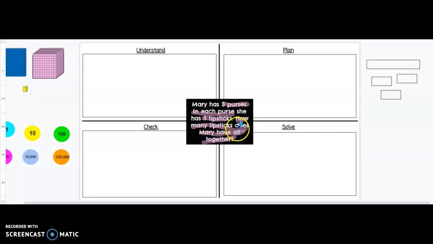Okay, and I know that we've seen the words all together when we're adding, and that's why we cannot look for just keywords, because yes, you can add when you're multiplying to get your answer, but this is a multiplication problem. Just because I see the words all together, I'm not just going to be adding 3 purses and 5 lipsticks to get the number of lipsticks.